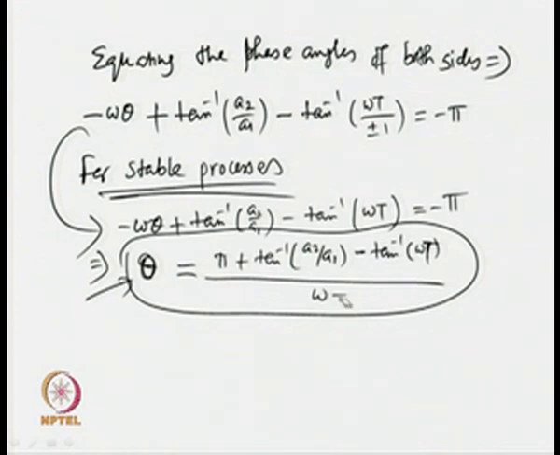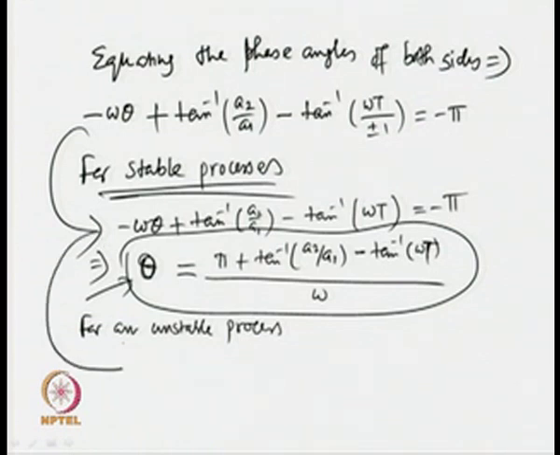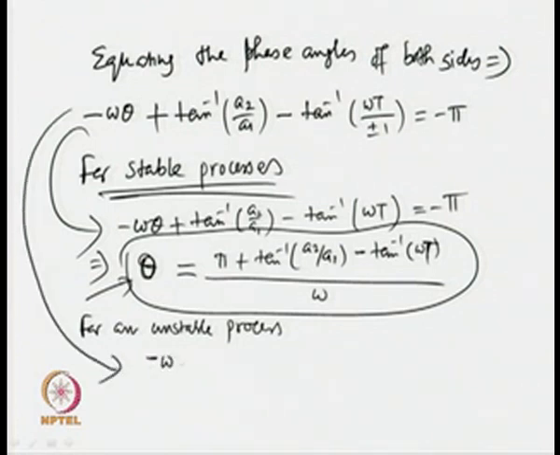Okay. So, thus for an unstable process, the expression can be written as minus omega theta plus tan inverse A2 by A1 minus tan inverse, here please keep in mind you will have minus 1 in the denominator.